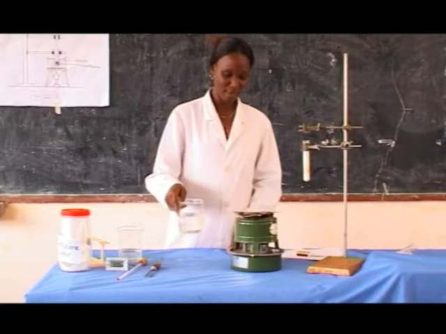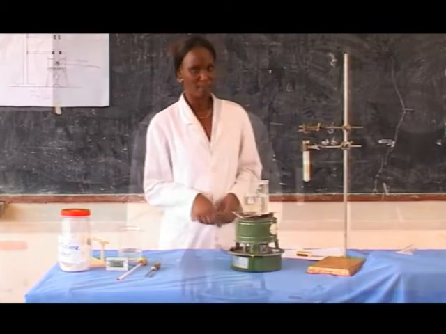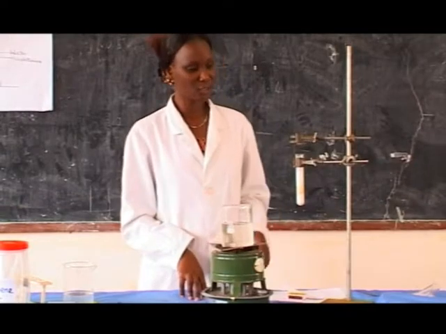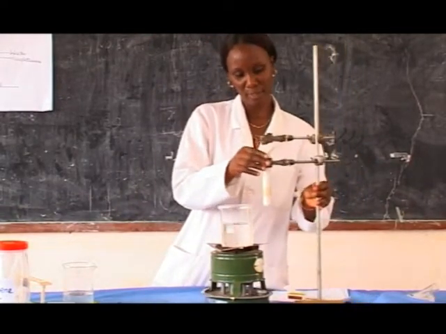Place the beaker on the source of heat. Lower the test tube filled with naphthalene into the beaker.